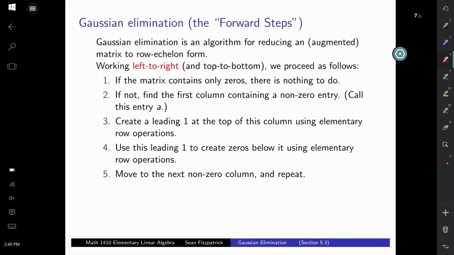Once you've got that leading 1, you get rid of anything below it in that column. So your first non-zero column ends up looking like 1 and then 0 and then 0, zeros all the way down, right? And then you move on. Once you're done with it, by the way, you stop working with that column. You leave it alone, you move on to the next one, and you keep repeating until you're done.